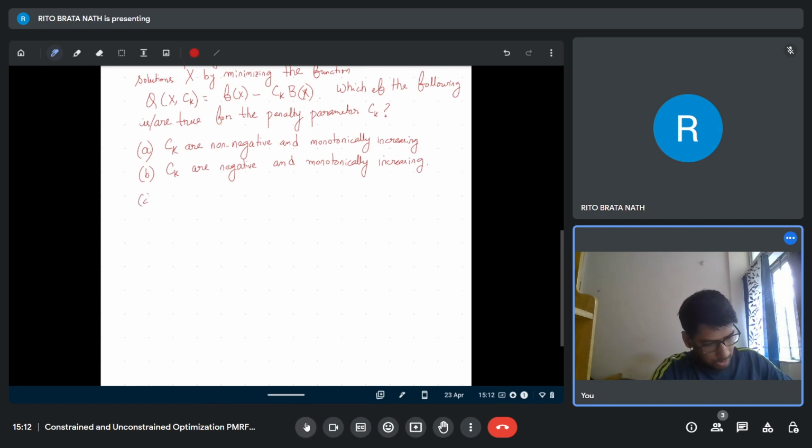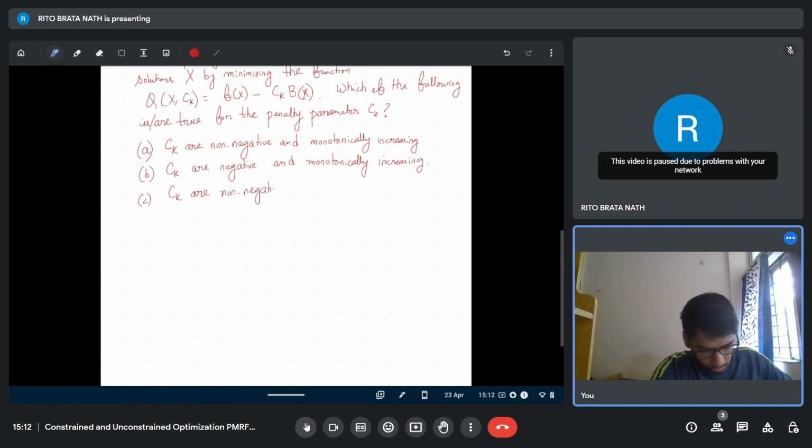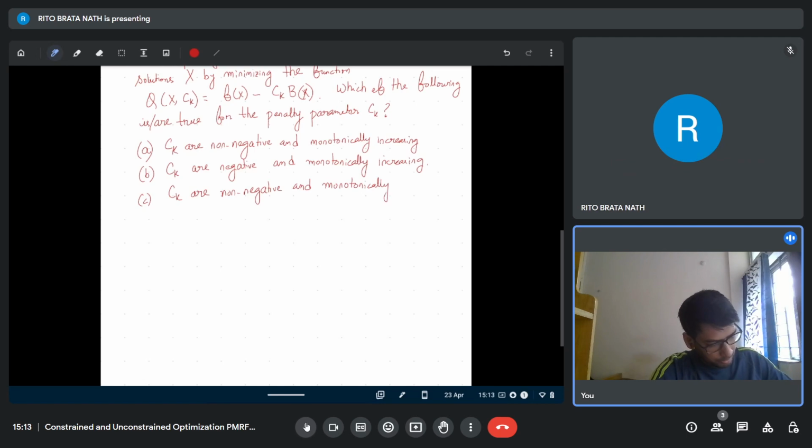So A could be a potential answer. Let's see the third option. ck are non-negative and monotonically decreasing. Actually, this is true in the interior penalty method. You start with a high value of ck and you decrease it and bring it to zero, or it tends to zero.